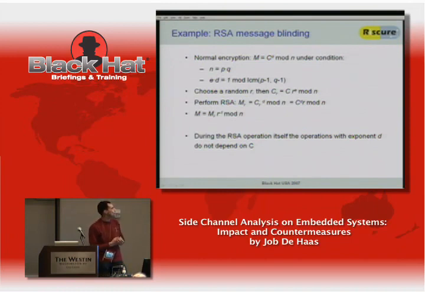It's using a randomized version of it, making it much more difficult. You're using CRT here, so making it much more difficult to find the D value. And because it's algorithmic, you don't really depend anymore on your hardware also.